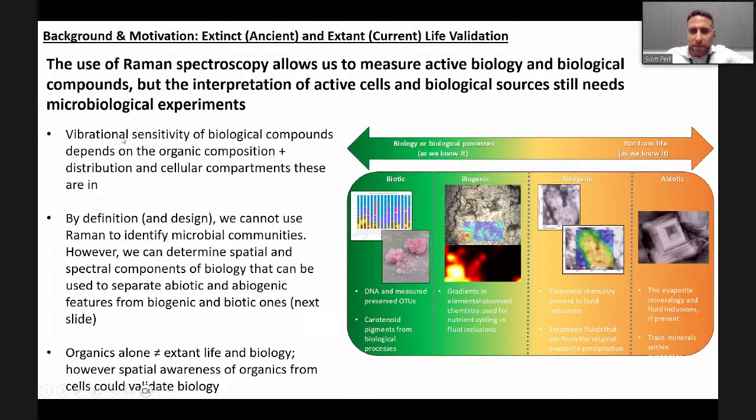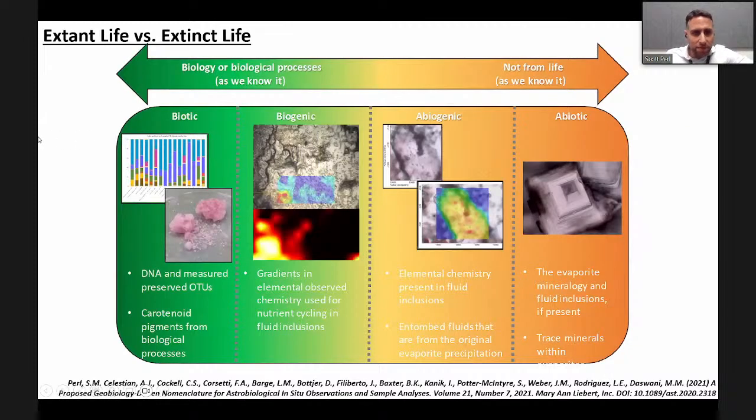Zooming in on this figure on the right, this is from our paper from 2021. What this is showing on the left two green columns is both signs of life with regard to what's preserved inside the mineral record and actual life itself.